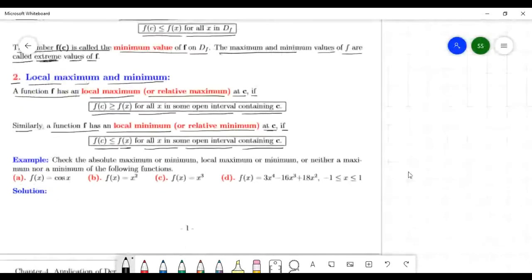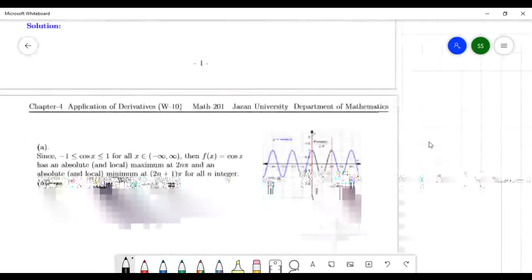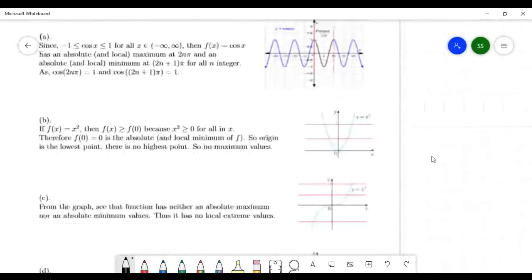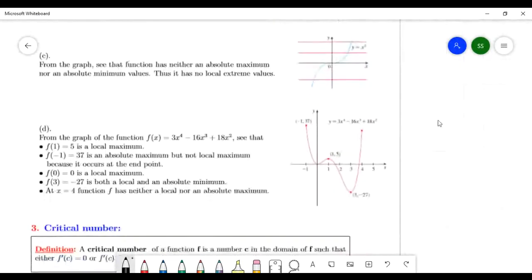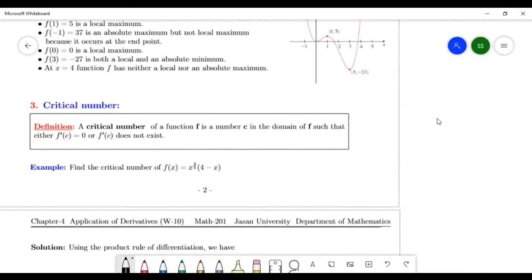Now see this. Let this example come to this point. Direct critical number. See this one. Critical number. This number 3. Okay. This is a very important point. Critical number. Okay. See the definition of critical number.